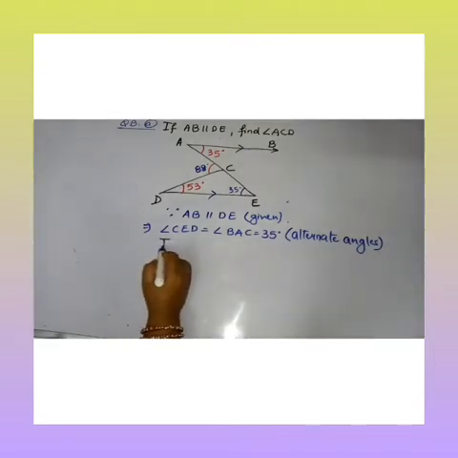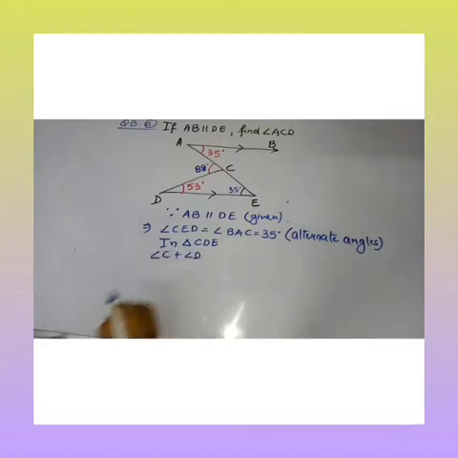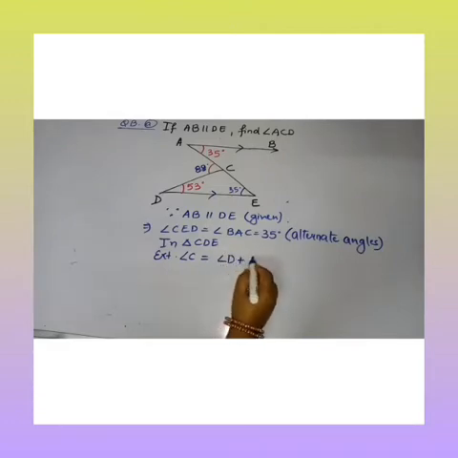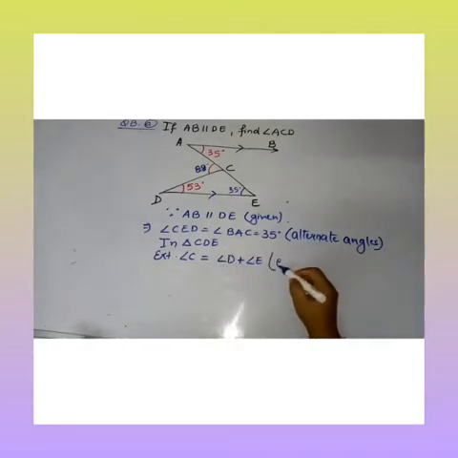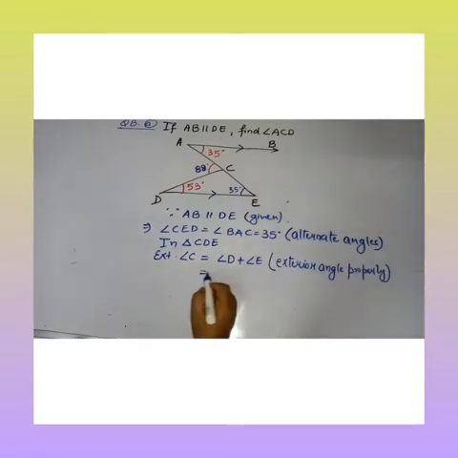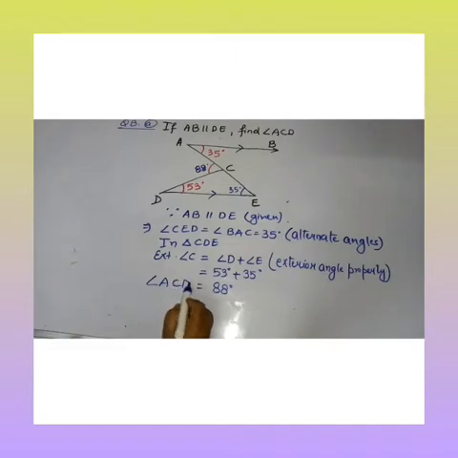Now in triangle CDE, angle C plus angle D, exterior angle C will be equal to angle D plus angle E. This is what? This is exterior angle property. So I can write here, this is equal to 53 degree plus 35 degree, that is 88 degree, and this is what? Angle ACD.